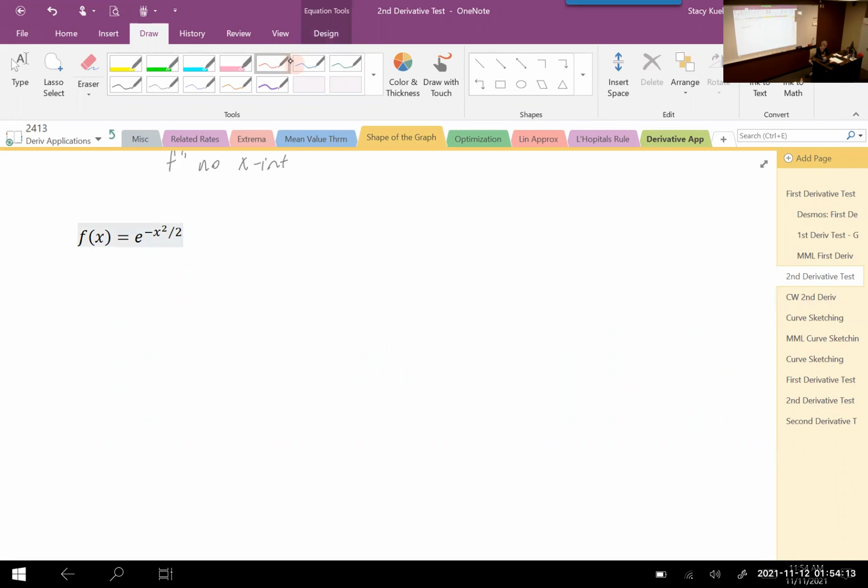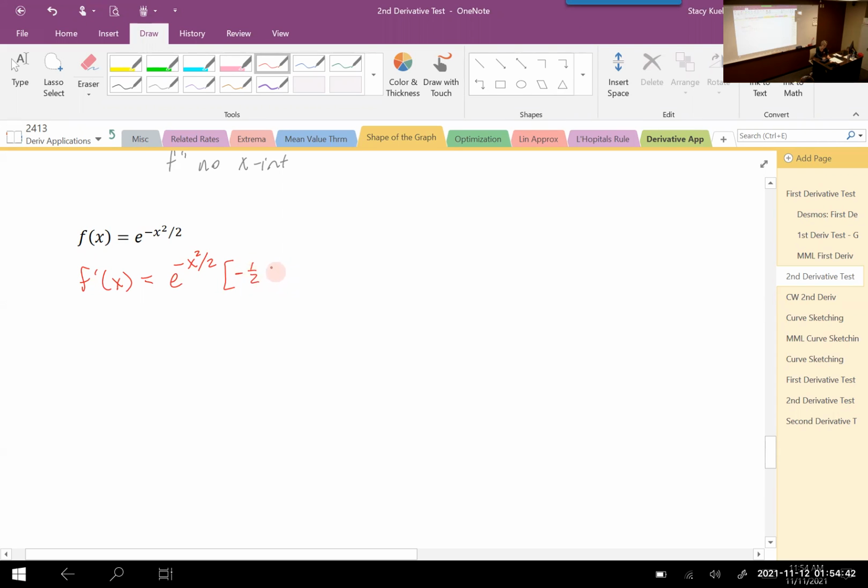So the first derivative, we know it's continuous. The first derivative is the chain rule. So we're going to take the derivative of e to the negative x squared over 2, and multiply it times the derivative of its exponent, which would be, we'll pull that negative 1/2 out.